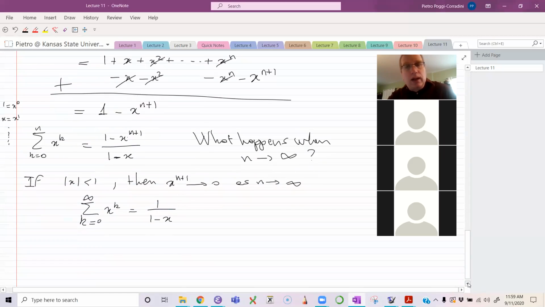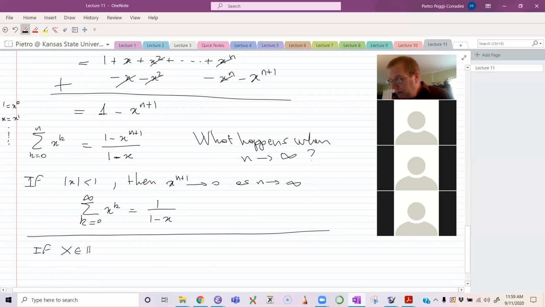So, well, now let's think about X as being an n by n matrix. So what does it mean to have a geometric series in this case?